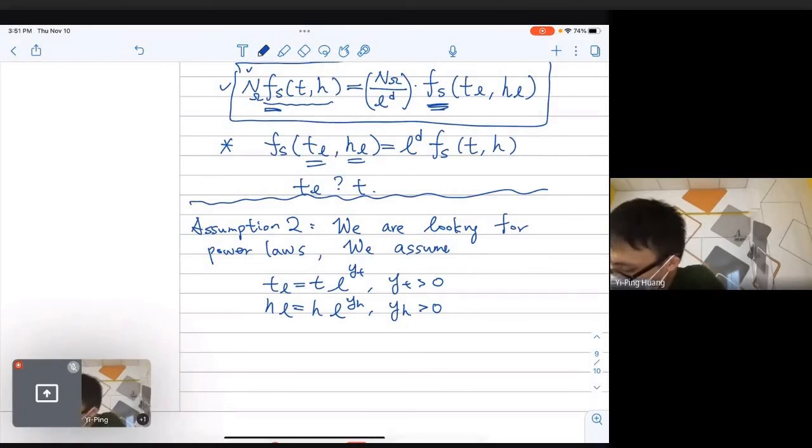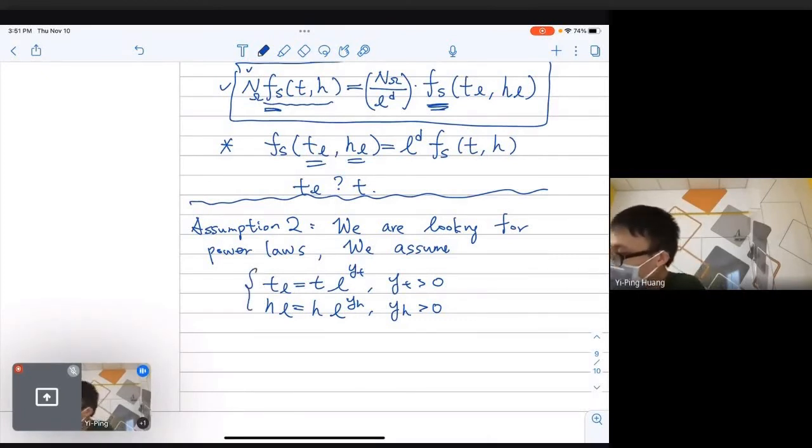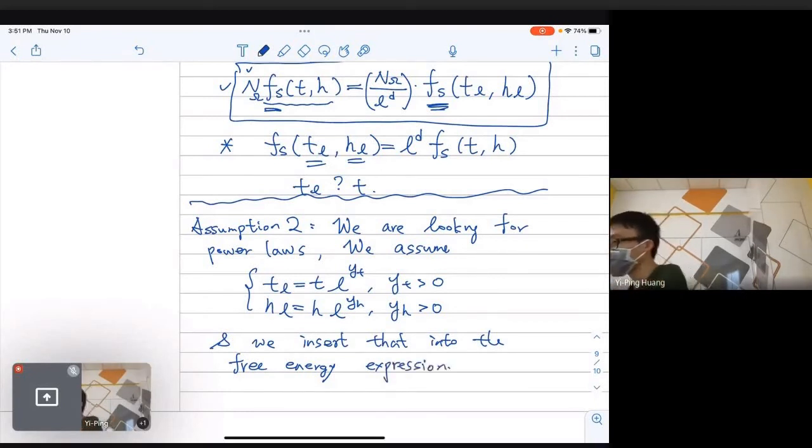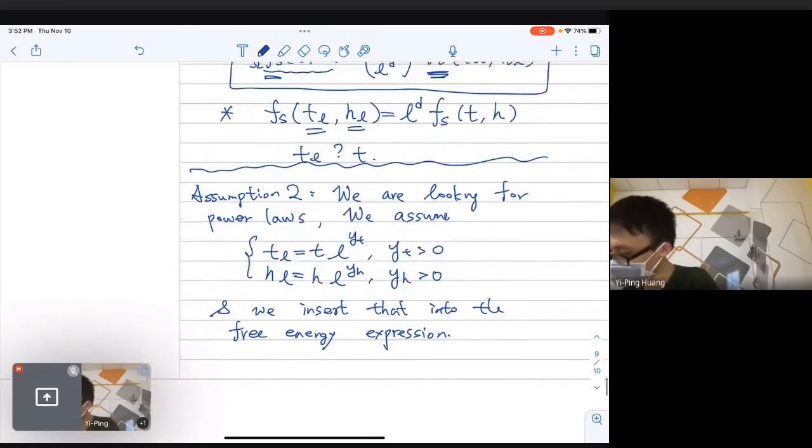Okay, so this assumed answer, if we try to insert it into the free energy expression, basically what we will get is by putting this inside here.